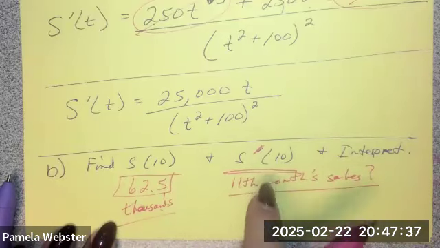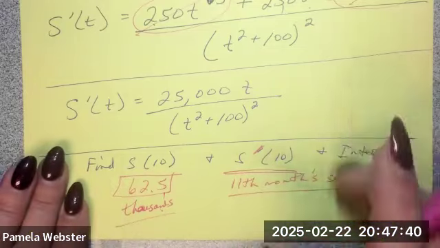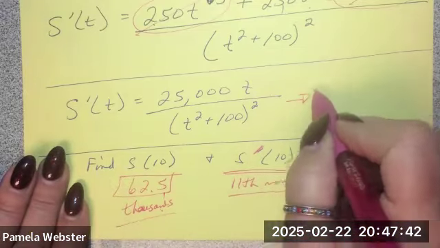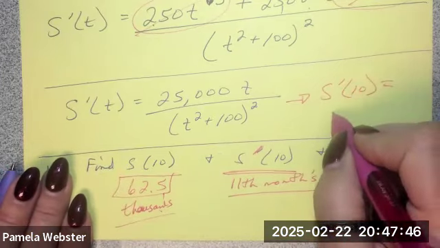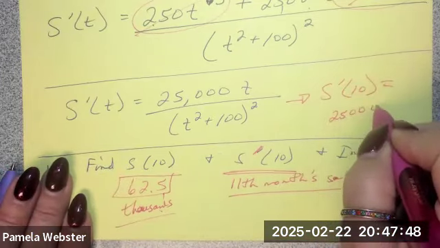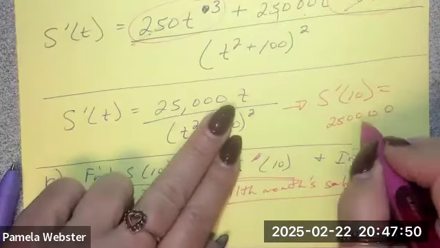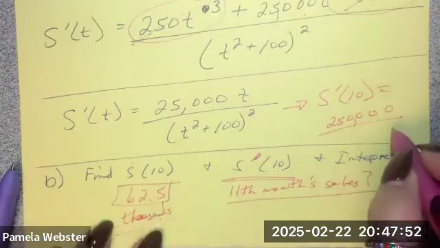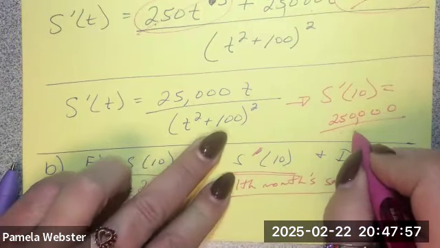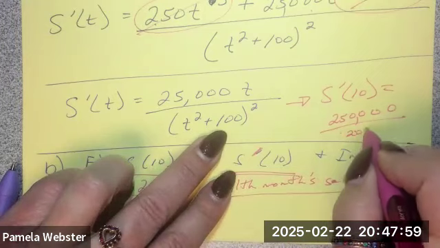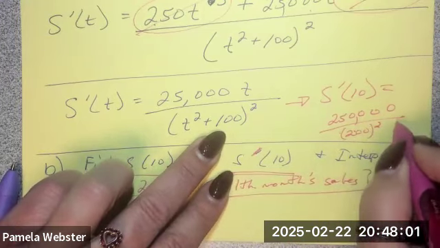And when I see this, I'm going to plug the 10 into the derivative right here. Okay. So let's see. 25,000 times 10 is going to add a 0, right? That's 250,000. Divide by 10 squared here is 100 plus 100 is going to be 200 squared.